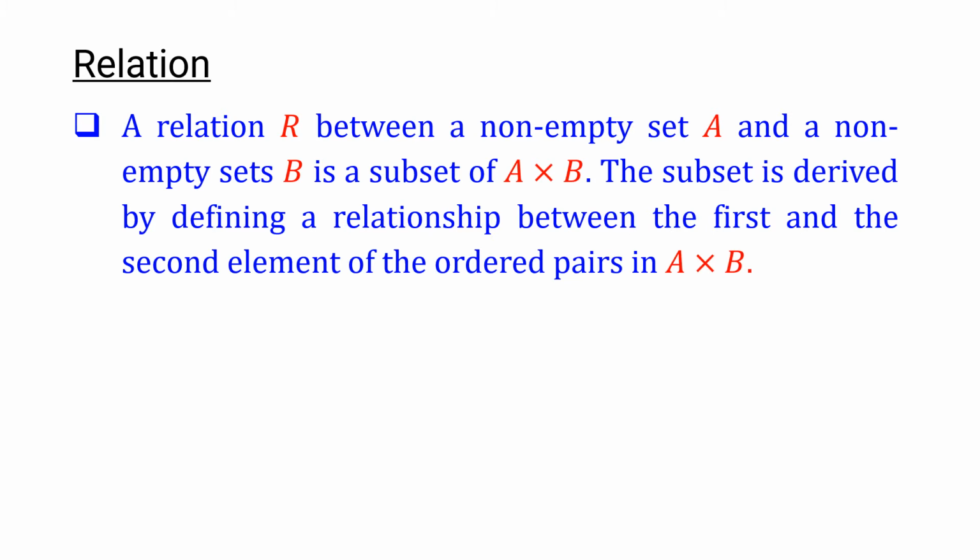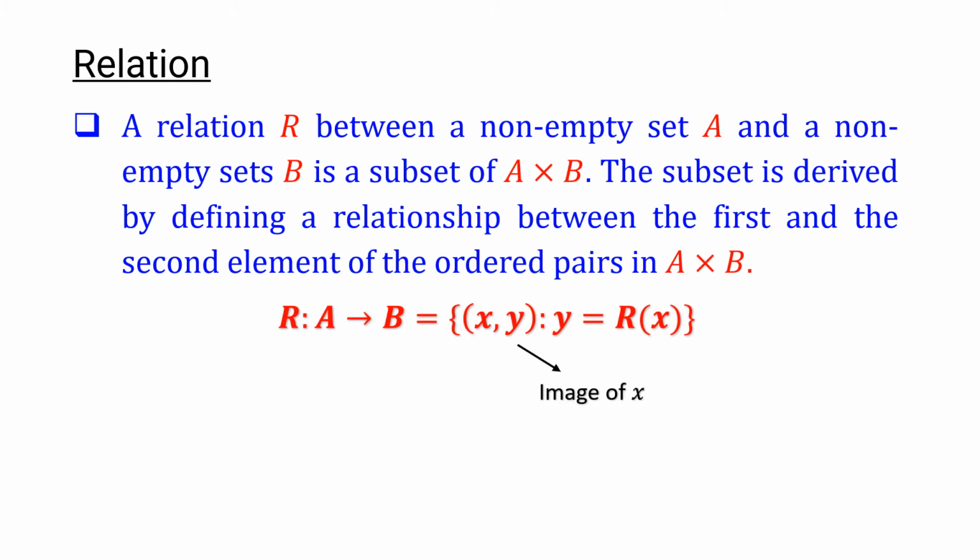The subset is derived by defining a relationship between the first and the second element of the ordered pairs in A cross B. Therefore, we write the relation from A to B as the set of ordered pairs (x, y) such that y is equal to R(x), where R is any relation.